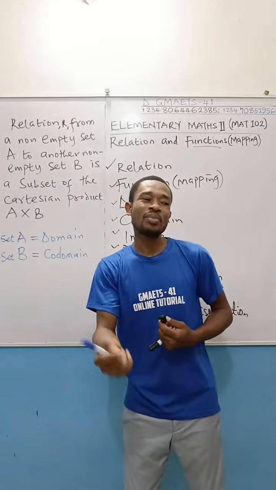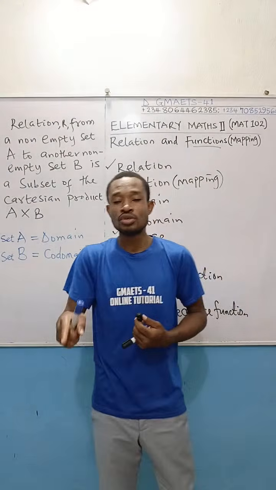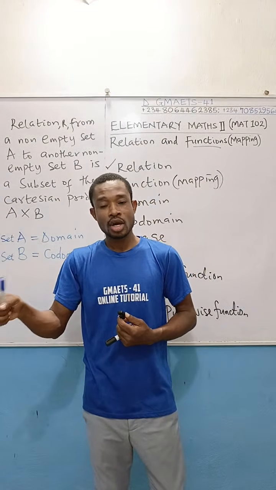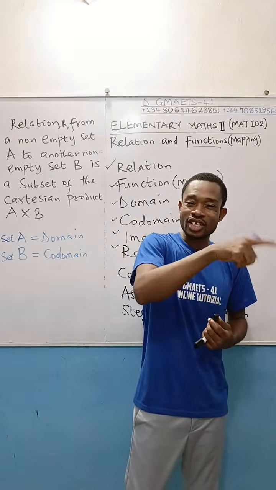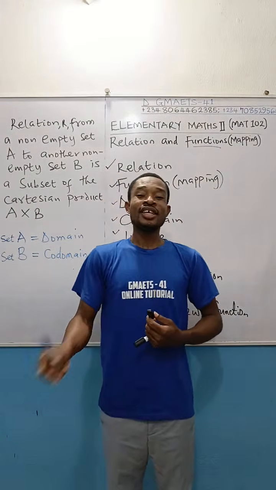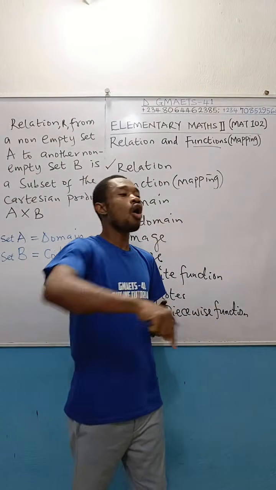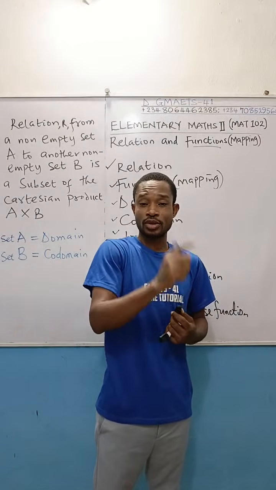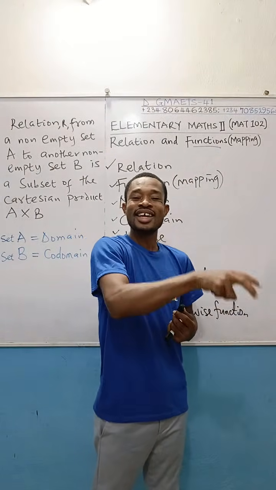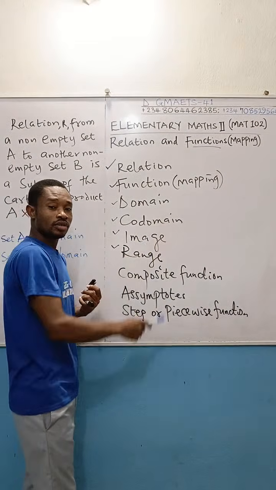Now we are talking about some elements in the codomain that can be produced by the domain, or all the elements in the codomain can be produced by the domain. In either case, whatever you have inside the codomain is called image.